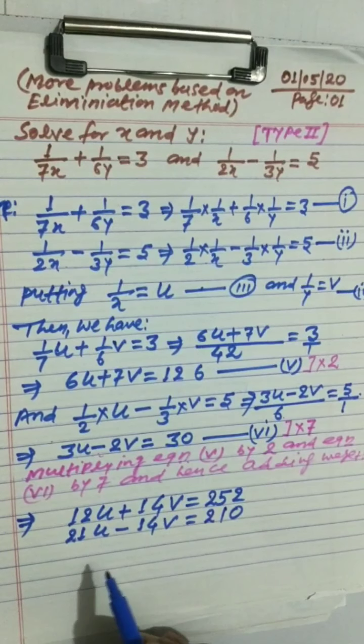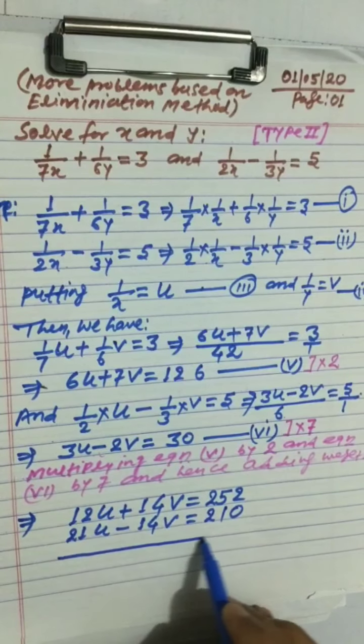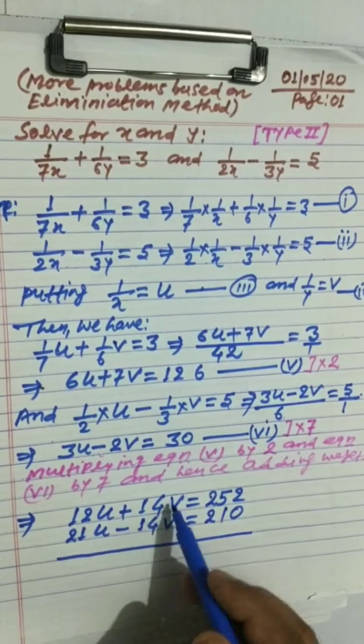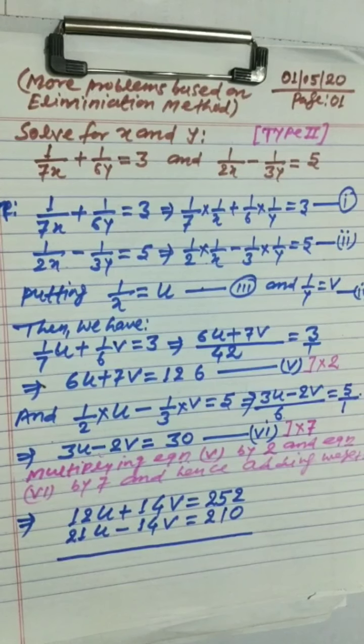So it will be 210. Now let us add it. There is no need to change the sign because we are adding it. So it will be cancelled.